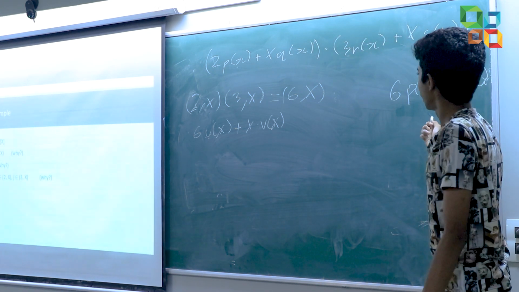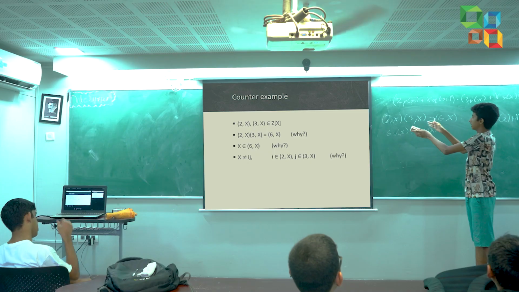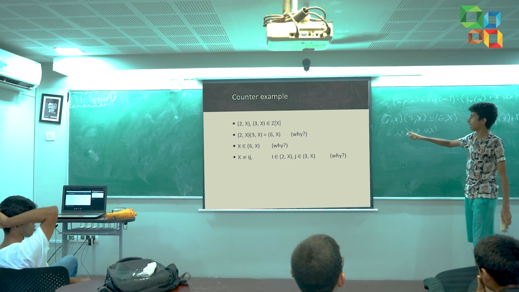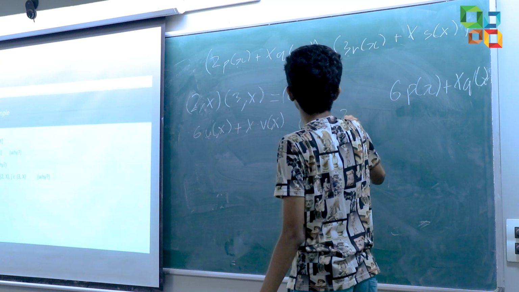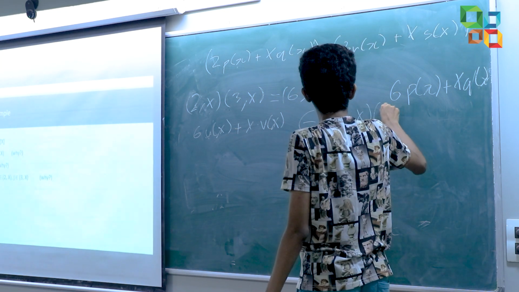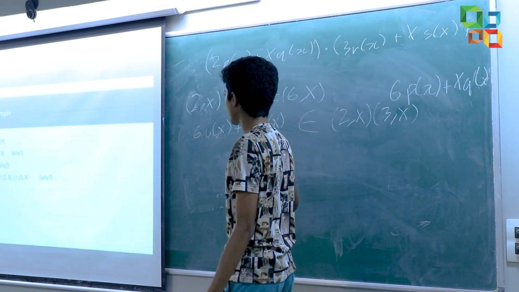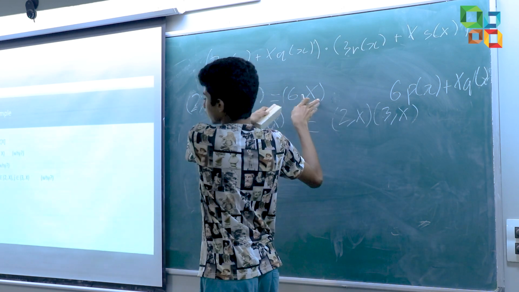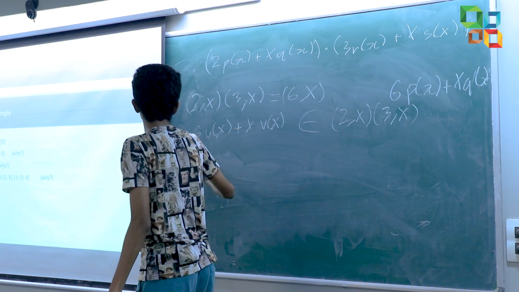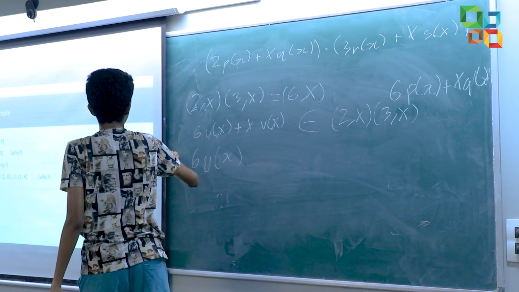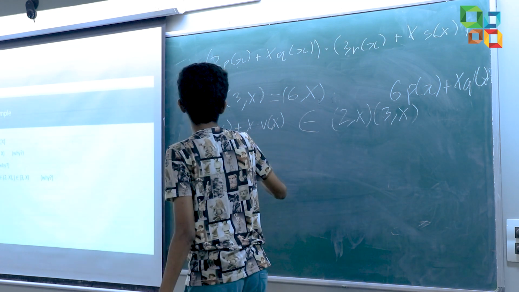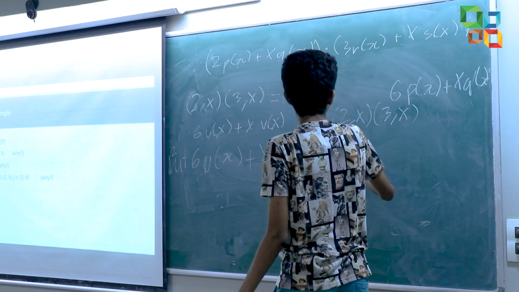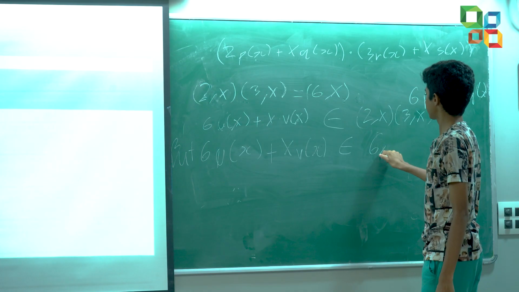Did you guys get that part? Since every element of this is of this form, they already belong to this. Every element from this LHS belongs to (2, x) times (3, x), but we also know that any element of this form belongs to (6, x). 6u(x) plus x v(x) already belongs to (6, x).